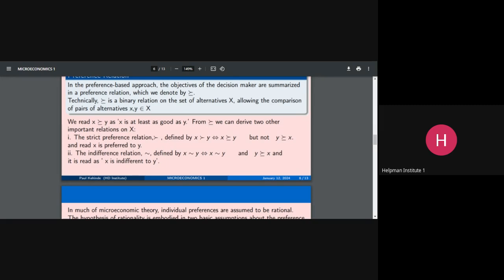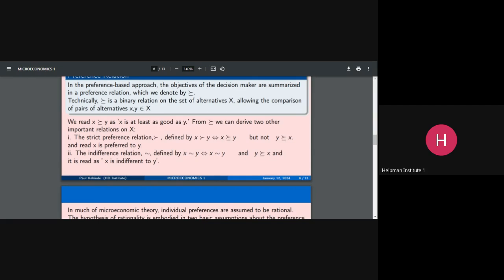Just like when we have two yellow oranges, we won't be able to differentiate between them. When you pick one, it's like you're picking the other. X and Y, we cannot differentiate between them, so they are indifferent.